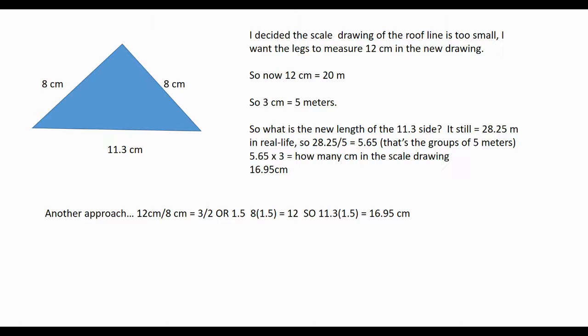There is another approach down here. I could just figure out what I multiplied 8 by to get 12, and I multiplied 8 by 1.5. So now I can just do 11.3 times 1.5 and get 16 and 95 hundredths. This second approach might be the simpler approach for the one that you're doing on the Odyssey Ware assessment.